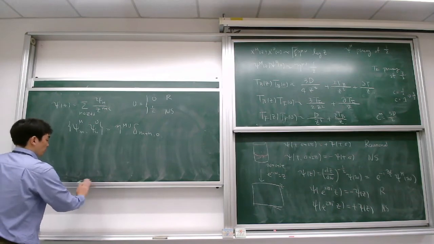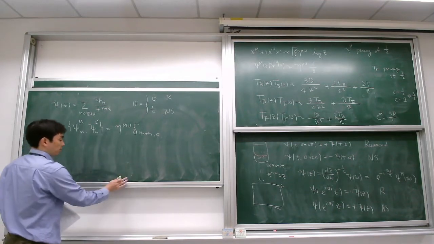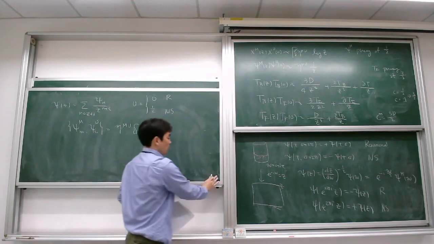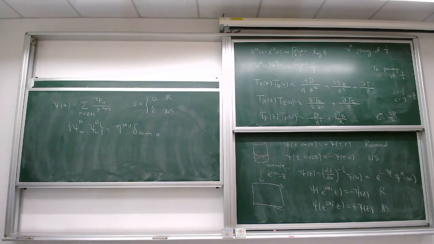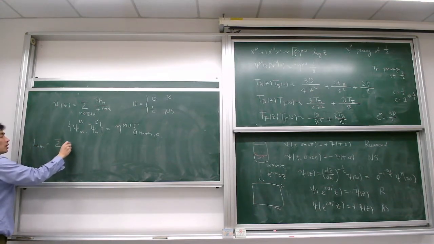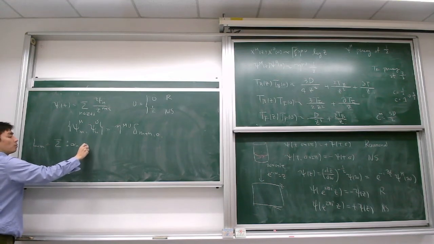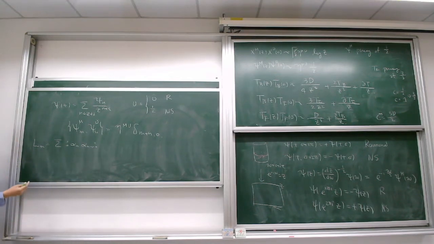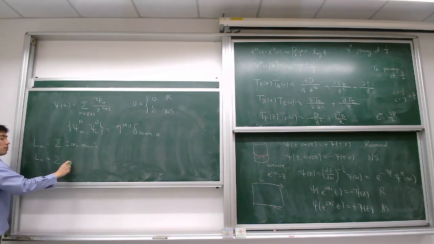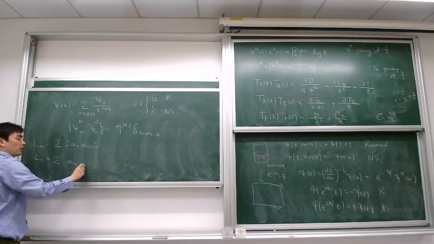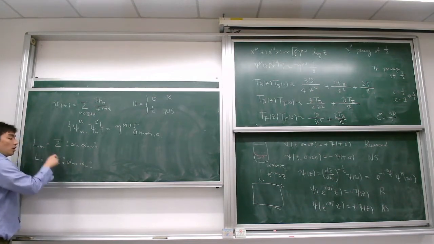Now, first we want to see what is the vacuum energy. In bosonic strings, what we did is you just introduce the L_m, which is something like a sum over alpha_{n-m} alpha_n, and you just look at the commutation relation between the zero mode and alpha_{-n}, alpha_n, and the zero mode.